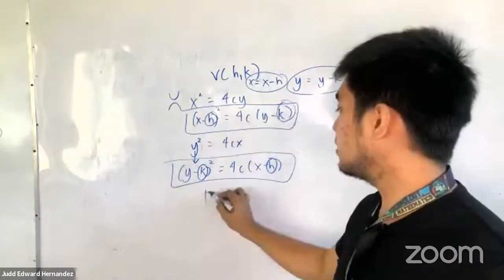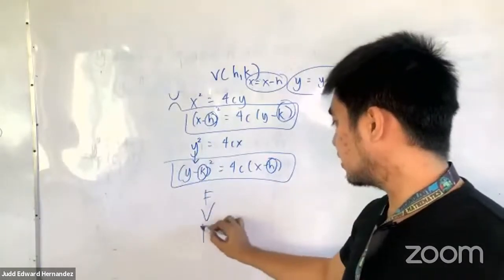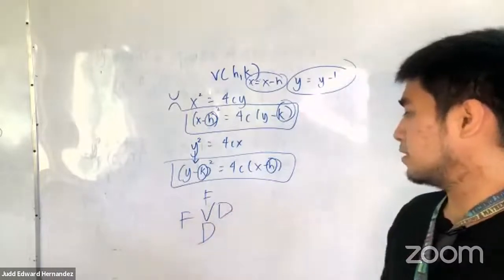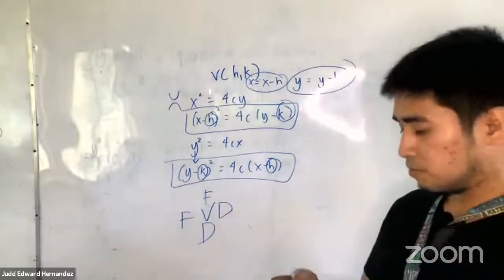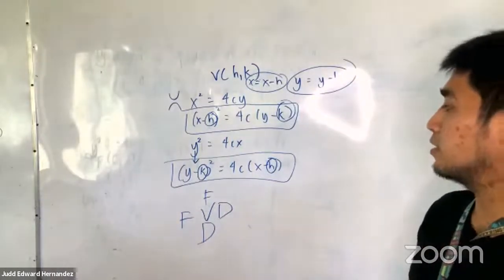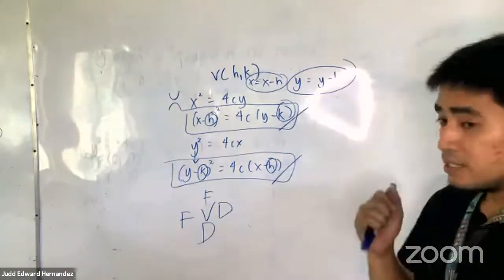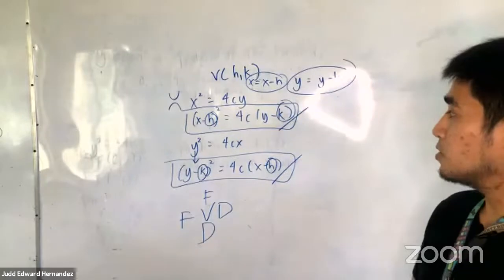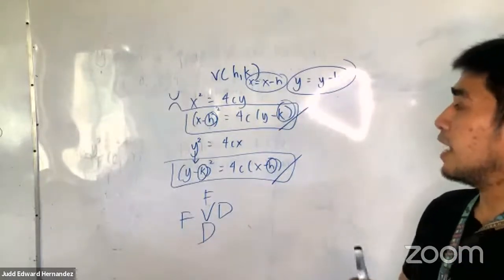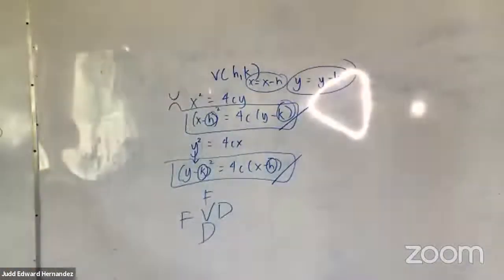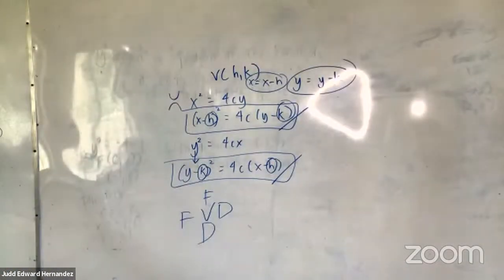What gets replaced is the focus, vertex, directrix. That is what we will always follow. I hope this formula is clear. Next meeting I will discuss different examples where the vertex is located at (h, k). That is our formula.